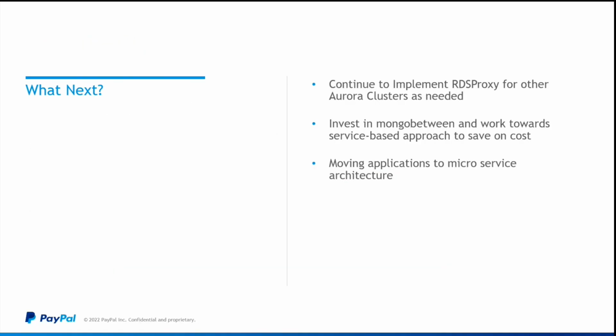What next? We continue to implement RDS Proxy on the rest of our Aurora clusters in our platform. Also, we are investing some time to add authentication to the Mongobetween proxy so that we can implement a service-based approach. One major driver behind it is cost.